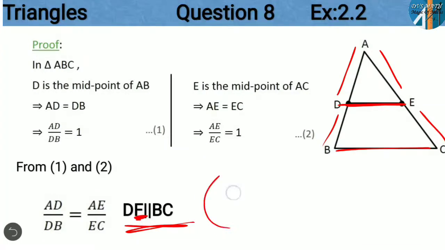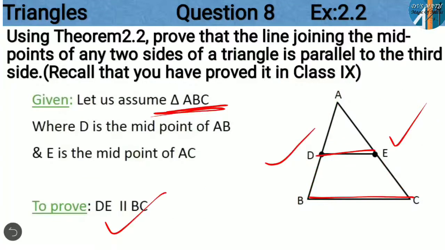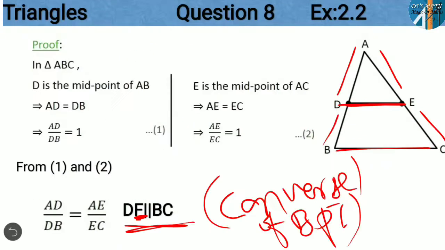For the conclusion, you can write converse of BPT, theorem 2.2. So here we are using the converse of BPT, and it is very simple using the midpoints. Please change the alphabets and practice well. It is a very easy question.